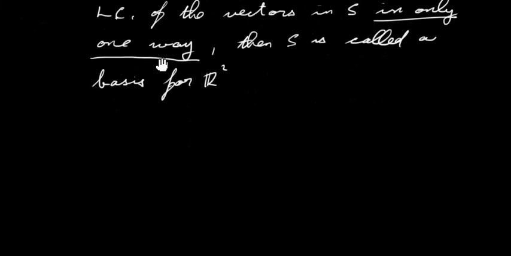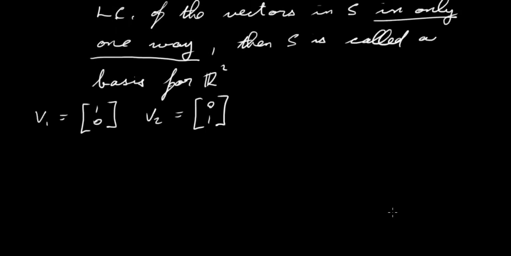And in fact, the first one that we looked at, V1 was (1, 0) and V2 was (0, 1). This is called the standard basis for R2.